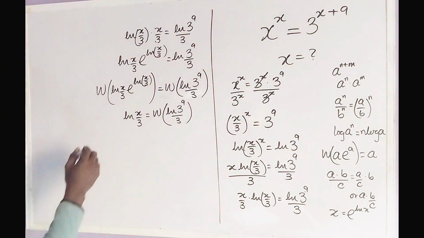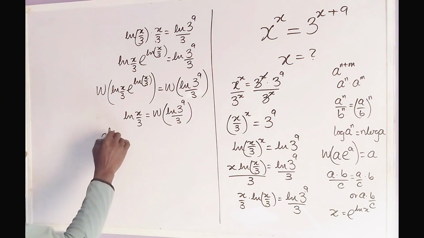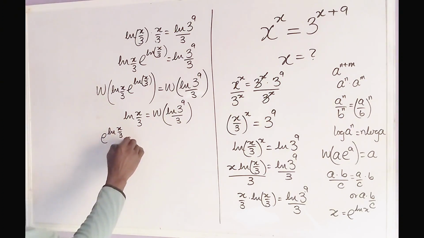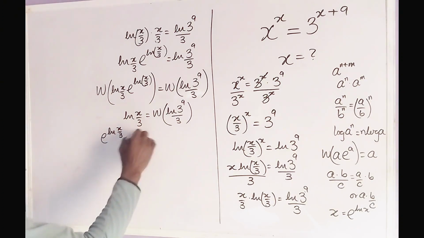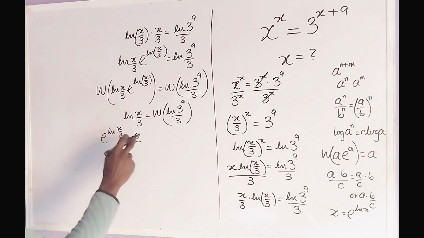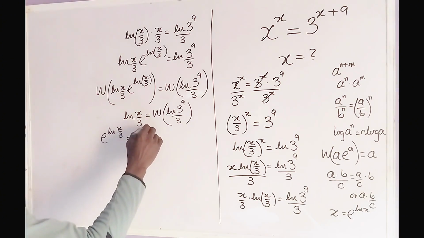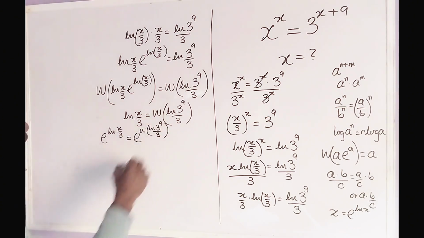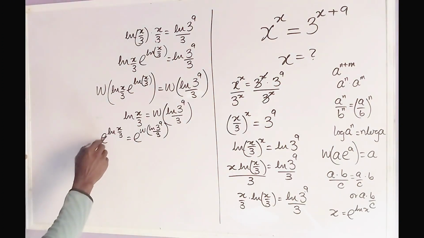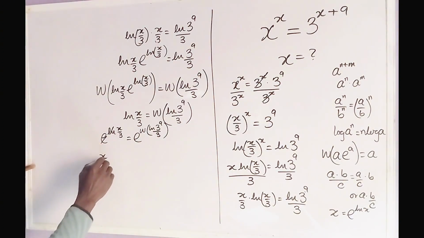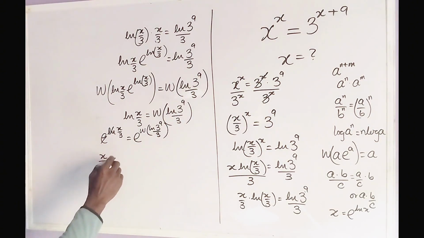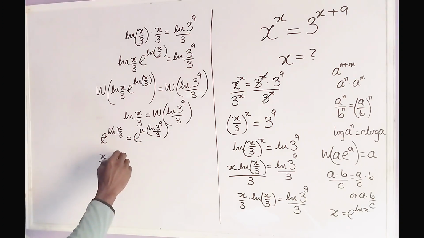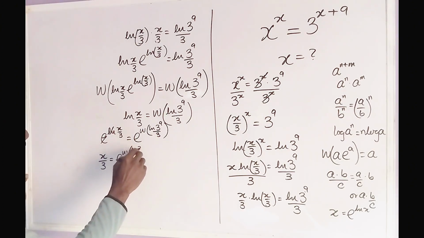By applying e to both sides, we have e to the ln x all over 3 then equals e raised to the power of the Lambert W function of ln 3 raised to the power of 9 all over 3. Okay, so at this point, this will eliminate this, then we are left with x all over 3 then equals e raised to the power of W of ln 3 raised to the power of 9 all over 3.